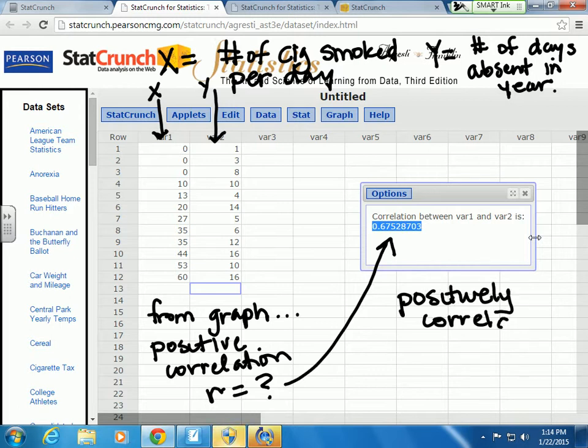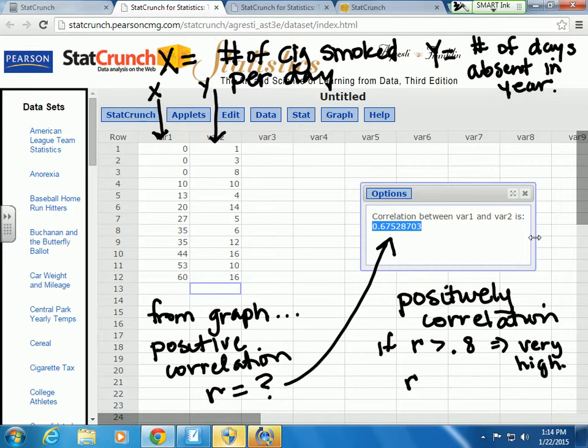Your book might want it to say very correlated, or highly correlated, or strongly correlated. At this level, I don't want you to put so many adjectives in front of that word, because typically if R is greater than 0.8, we say very high correlation.